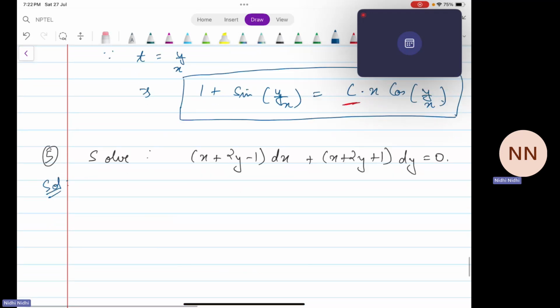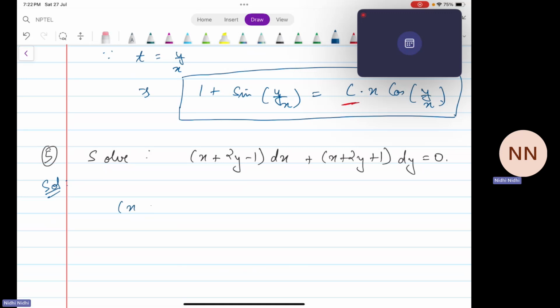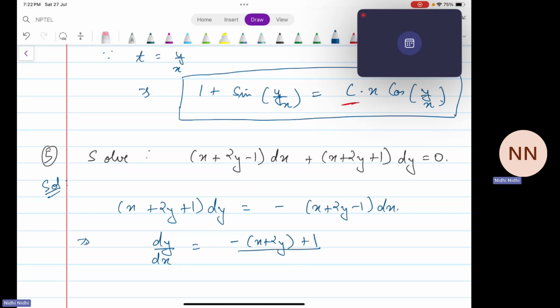So let's start with looking at how dy by dx looks like. So we have x plus 2y plus 1 dy is equal to minus x plus 2y minus 1 dx. This gives us dy by dx is equal to minus x plus 2y minus 1 upon x plus 2y plus 1.